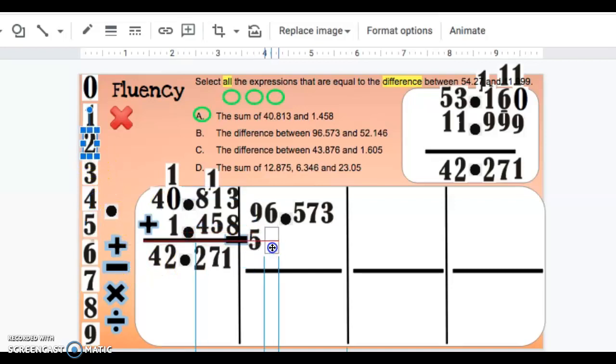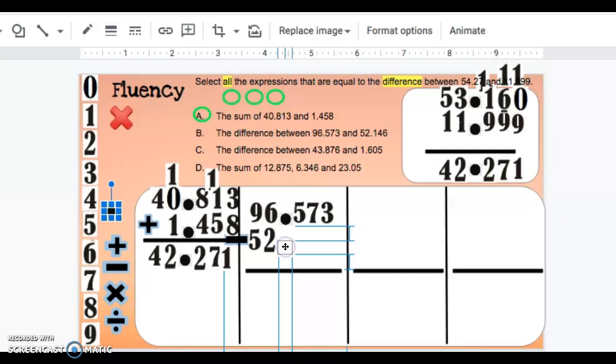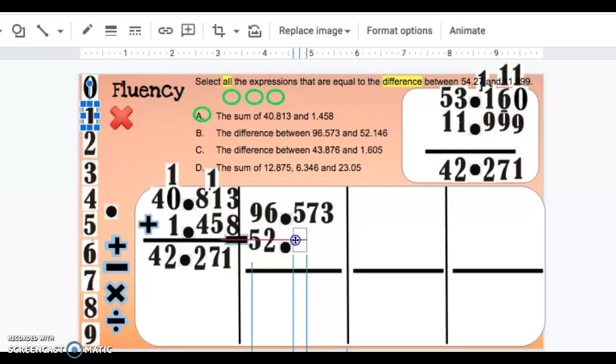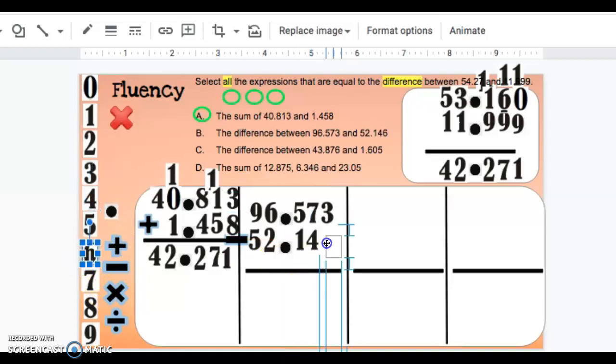Remembering to line up based off of place value for the numbers. So I have 1 in the tenth spot, 4 in the hundredth spot, and then a 6 in the thousandth spot.